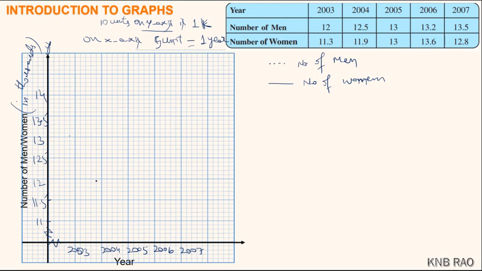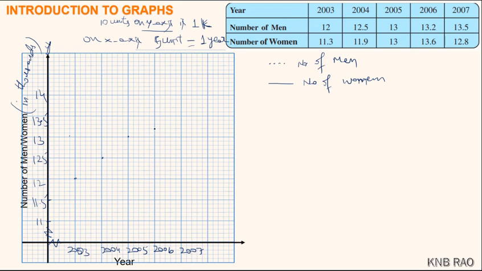So I will first take men's. In the year 2003, 12 were there, point I have considered. In the year 2004, 12.5 were there. In the year 2005, 13 were there, and in the year 2006, 13.2 were there.